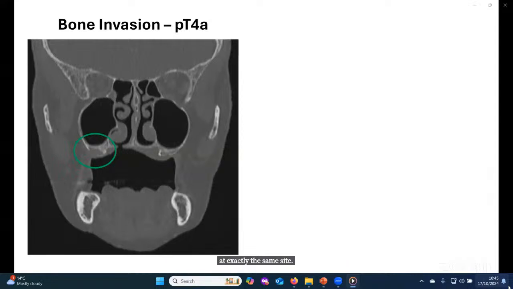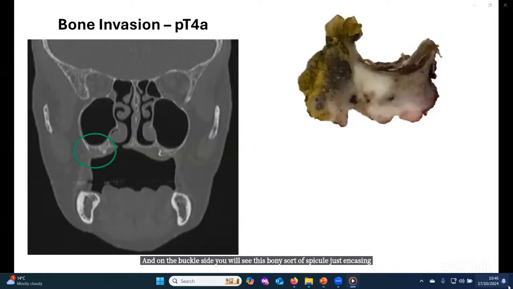What you will see here, you have an enhancing tumour with direct bone invasion, and on the buccal side you will see this bony spicule just encasing that tumour. This is the matched section through the specimen. The carcinoma is here, and it has infiltrated through the alveolar process, but does not appear to have involved the floor of the antrum.